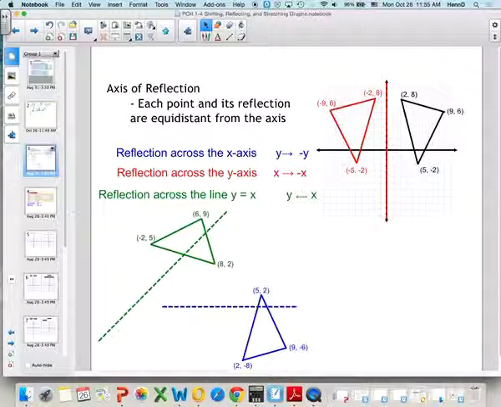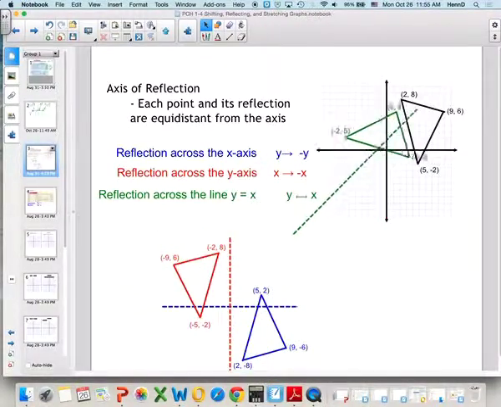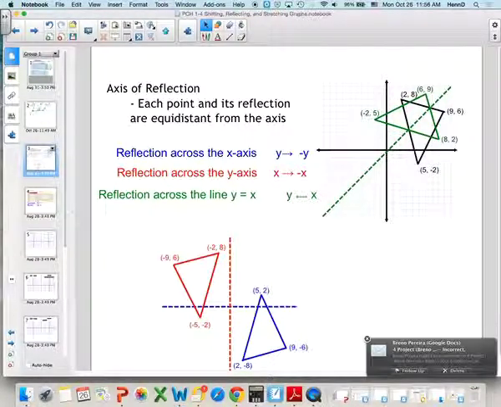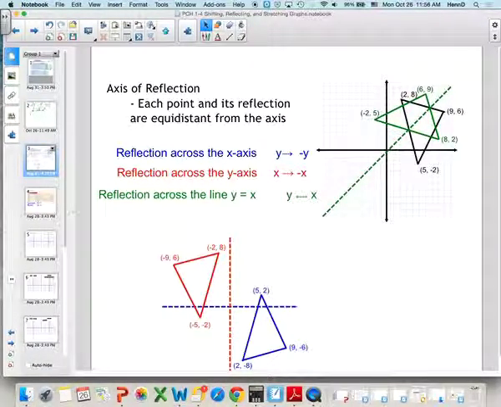Alright, one last one I'll show you. We'll touch on this more tomorrow. And that is across the line y equals x. This has significance because this is actually how you can find an inverse function. Okay? An inverse function is where we basically swap all the x and y coordinates.